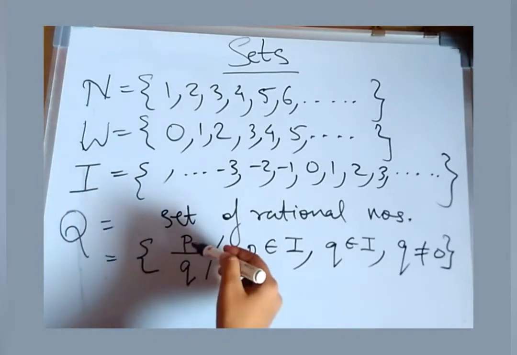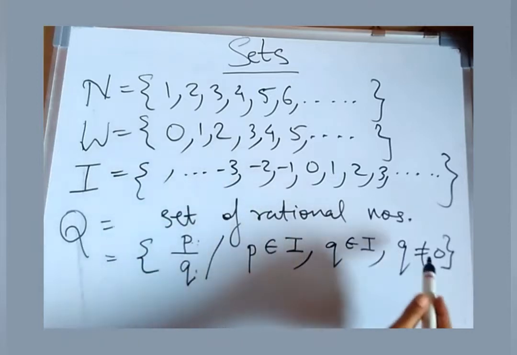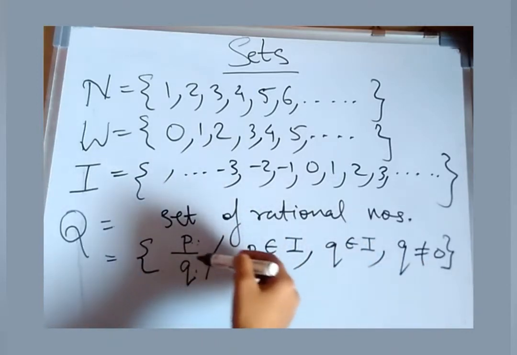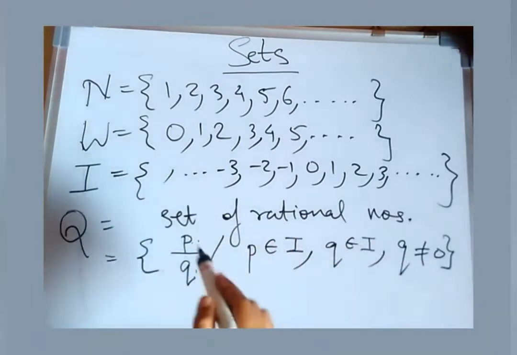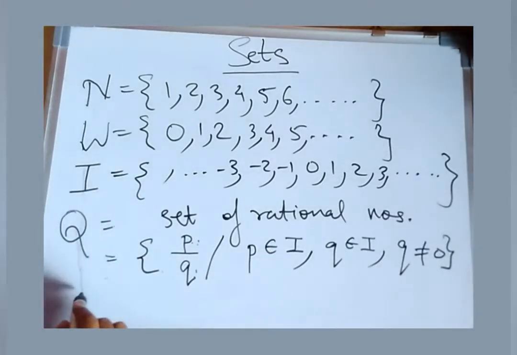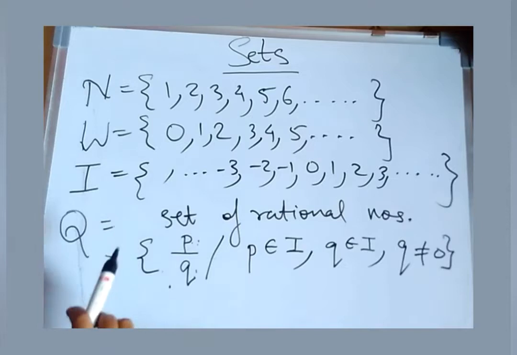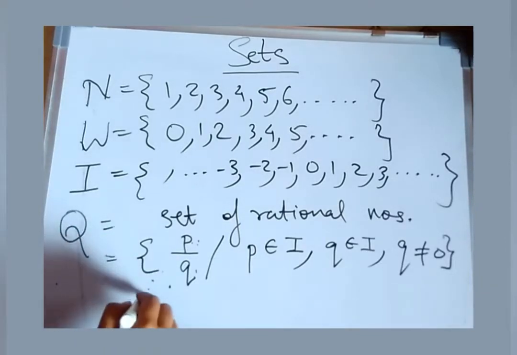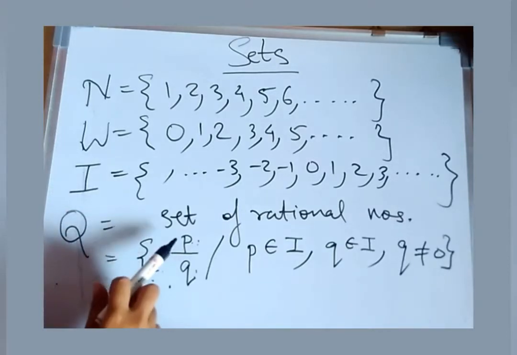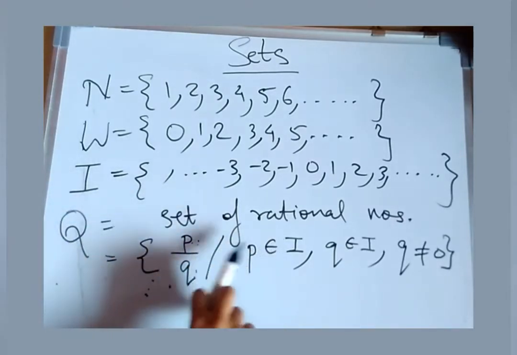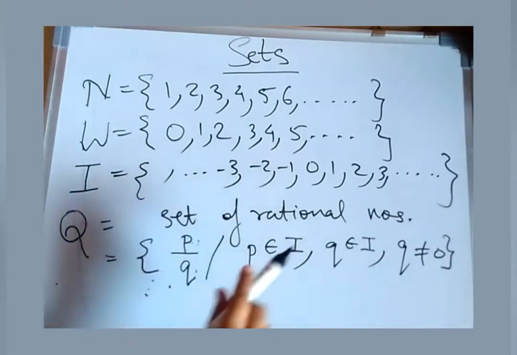It is of the form P upon Q such that both are integers and Q is non-zero, because if Q is 0 then this number won't exist. You already know this because you are acquainted with this definition from standard 6th. So this is another way I can write the set of rationals. It is P by Q form, P and Q are integers and Q is non-zero.